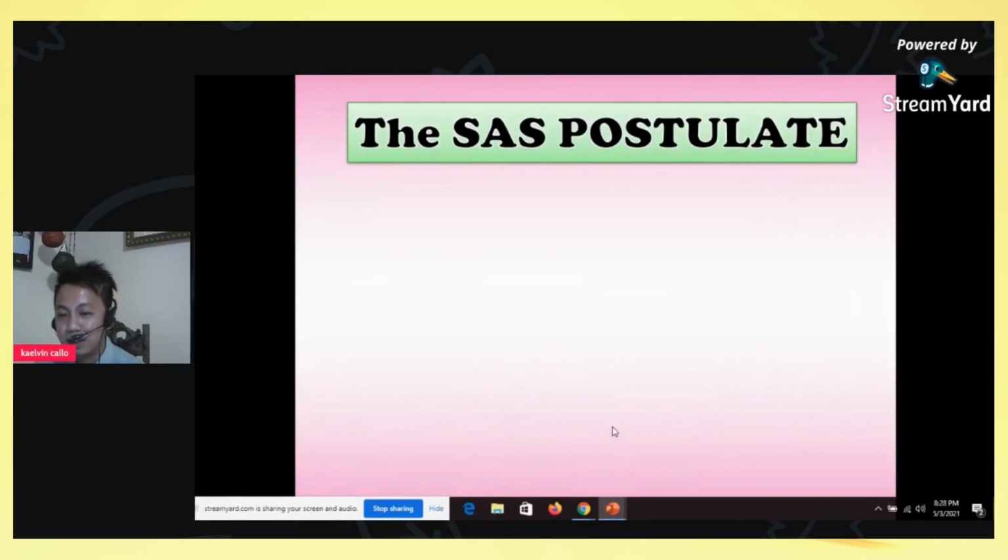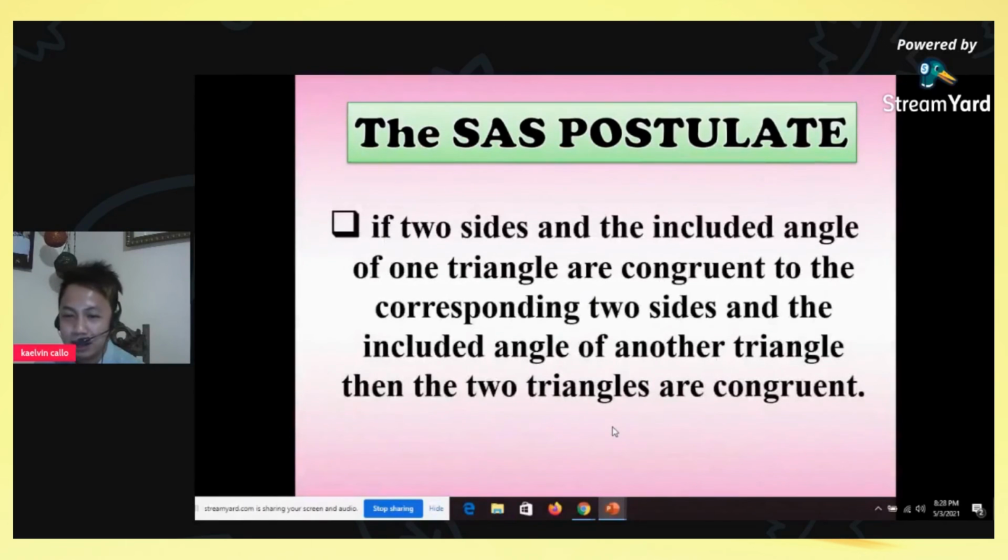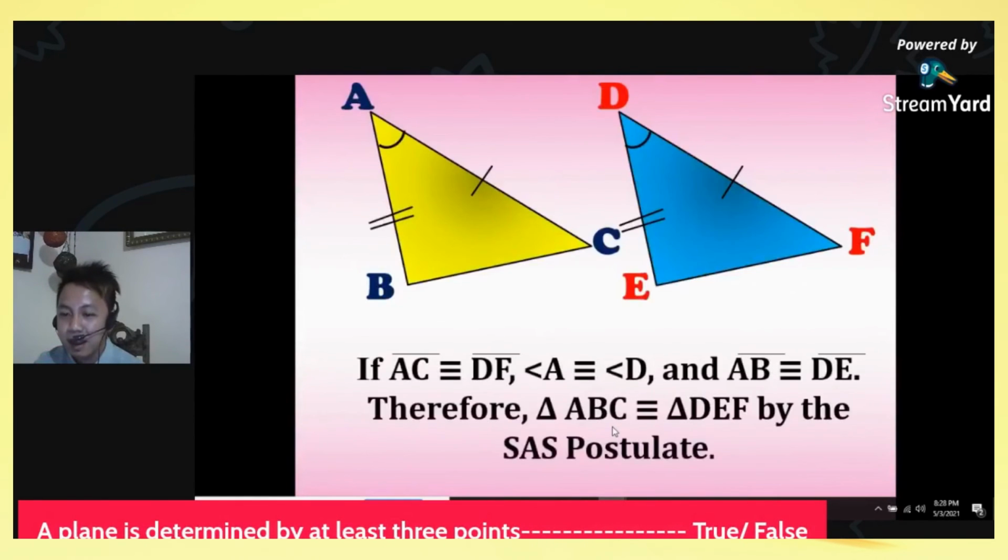Next, the SAS postulate, or the side-angle-side postulate. If two sides and the included angle of one triangle are congruent to the corresponding two sides and the included angle of another triangle, then the two triangles are congruent. Okay, so here we have triangle ABC and triangle DEF.